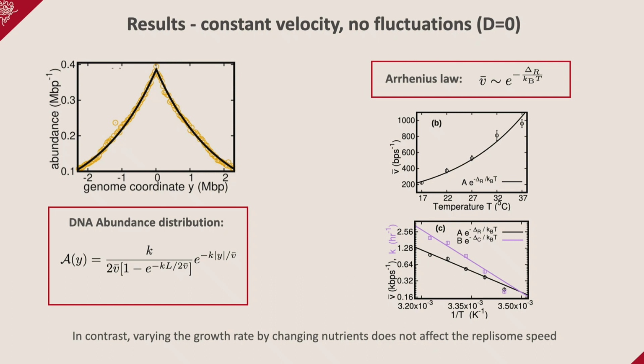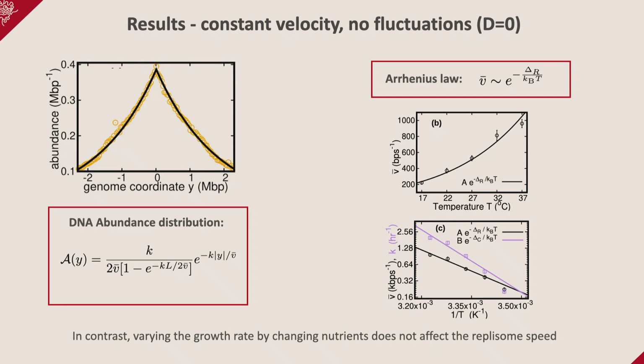This is really the Arrhenius plot, so I'm plotting both the velocity and the growth rate versus 1 over T. You can see in logarithmic scale that these two have 2 different slopes, and there is a deviation at 17 degrees in both cases.